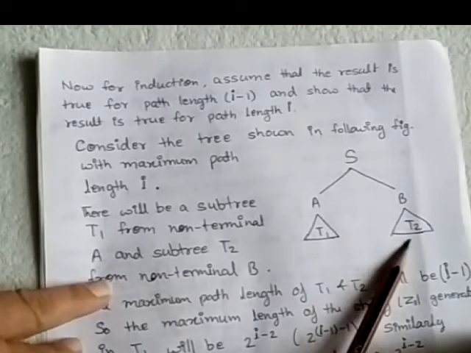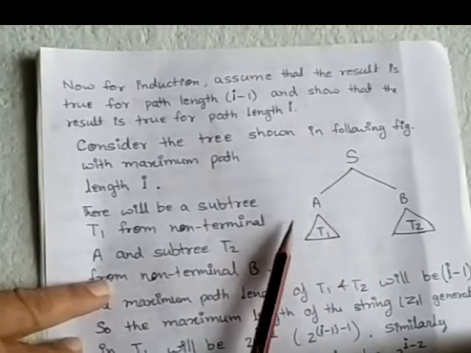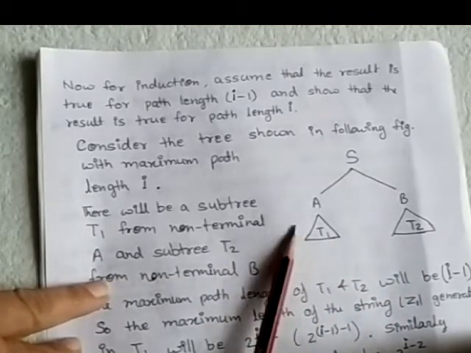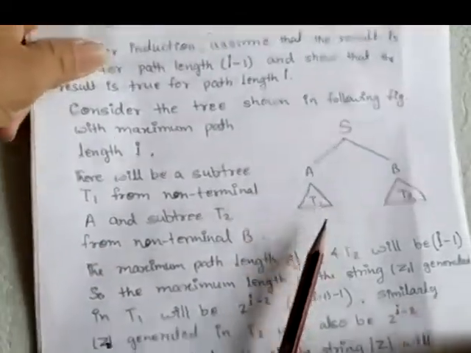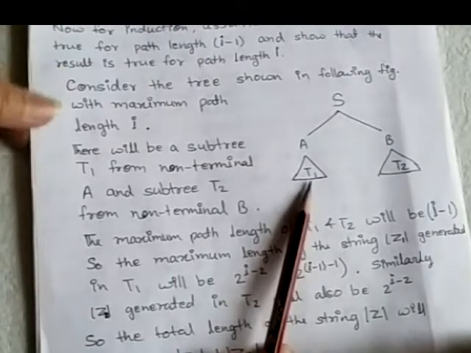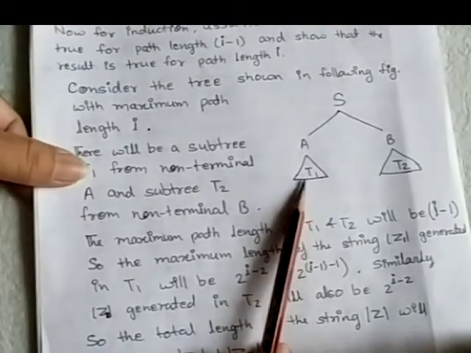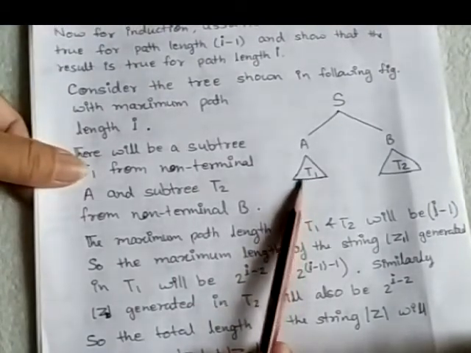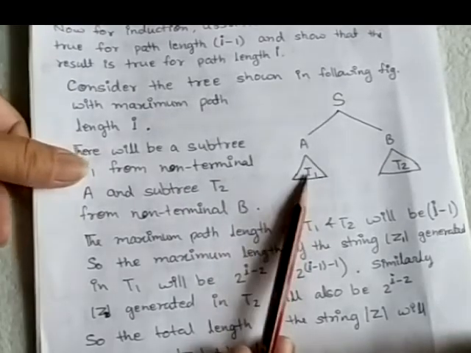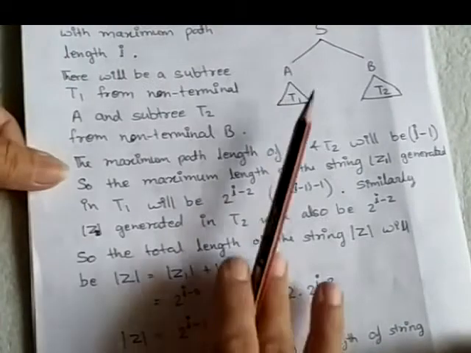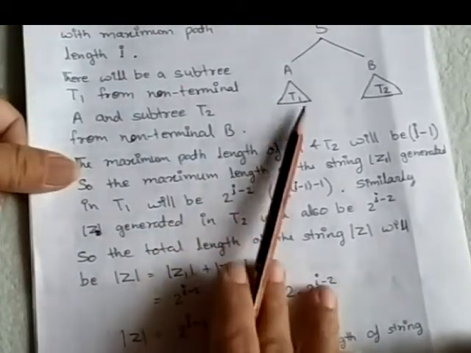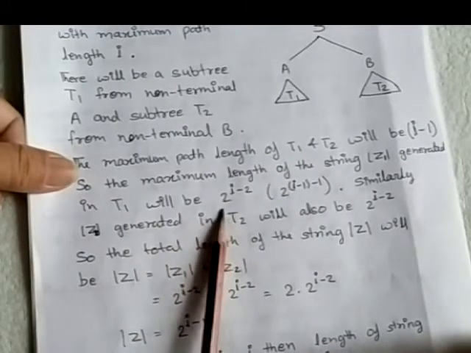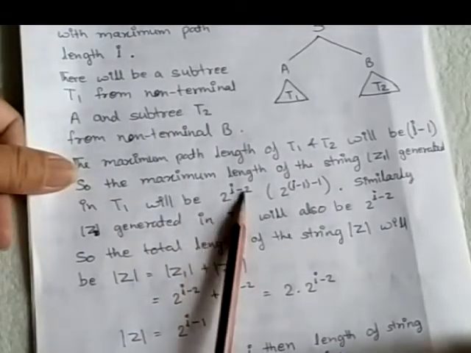Now we consider that the theorem is true for I minus 1 values, meaning the length of the string generated by this subtree should be 2 raised to the power I minus 1, where I is the depth. So the length of the string generated by the T1 tree will be 2 raised to the power I minus 1.